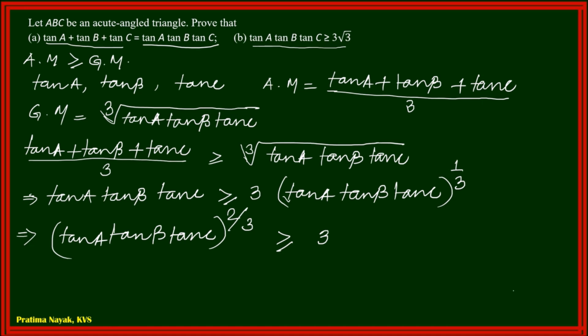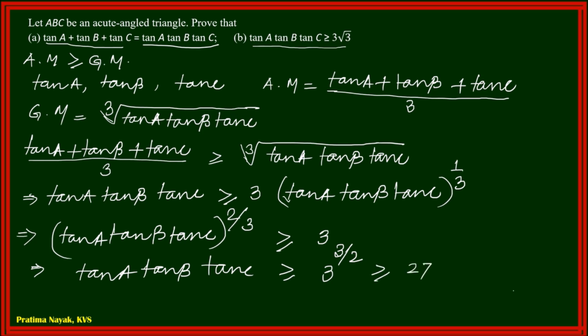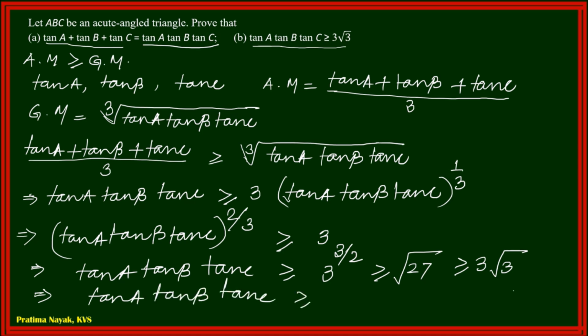Now taking power 3 on both sides, or directly I can write tan A, tan B, tan C is greater than or equal to 3 power 3 by 2. 3 power 3 by 2 is 27 square root, or this is 3 root 3. This proves tan A times tan B times tan C is greater than or equal to 3 root 3.